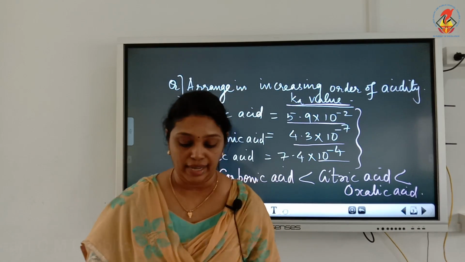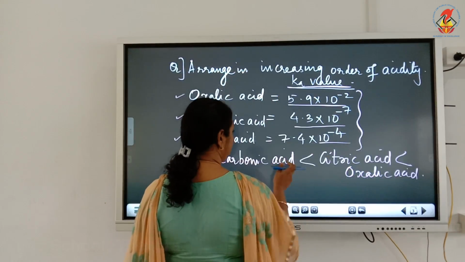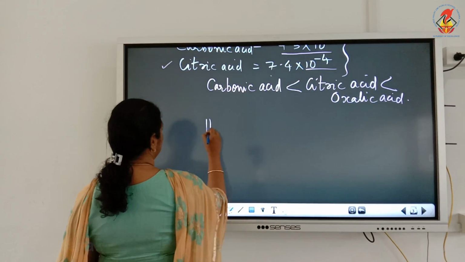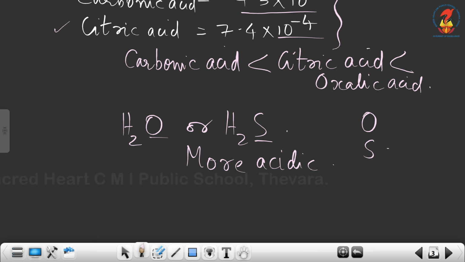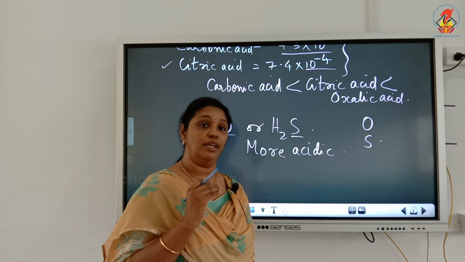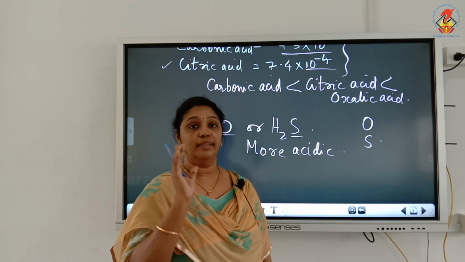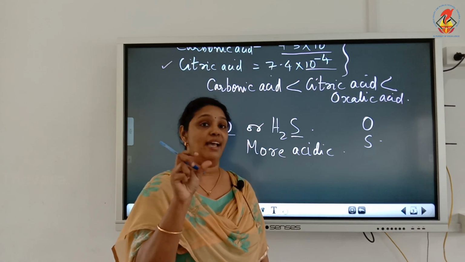One more question: which is more acidic, H2O or H2S? The central atom in H2O is oxygen and in H2S is sulfur, and they come in the same group, group 16: oxygen, sulfur, selenium, tellurium. When we consider elements in a group, we take bond strength or size as the important factor.